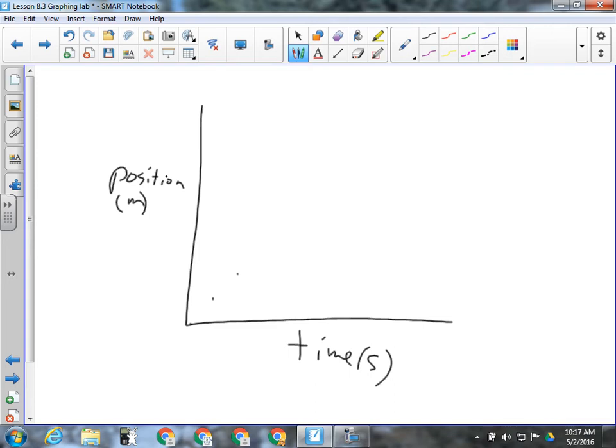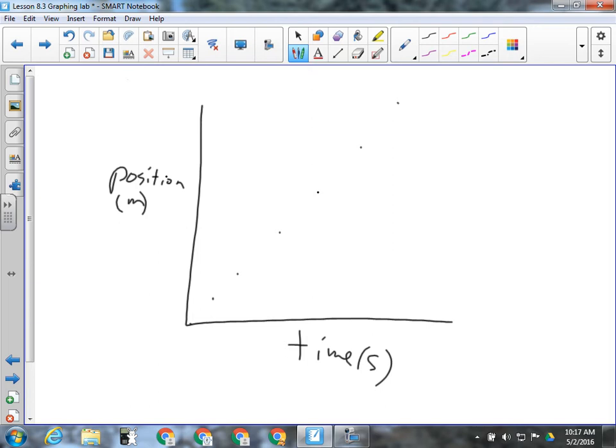All right. So when we're done this lab, and we've got our data and our graph built, what we're going to see for each cart is a graph that's pretty linear, right? Because these carts travel at a constant speed. Once I start them, they don't accelerate. They travel at a constant speed for as long as they're allowed to travel. That means if they're traveling at a constant speed, they should go about the same distance every second.